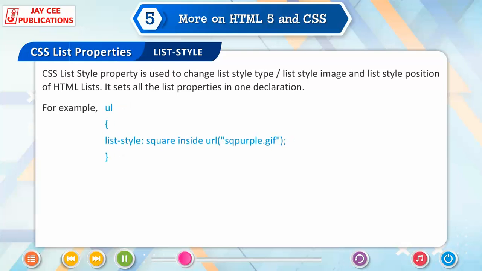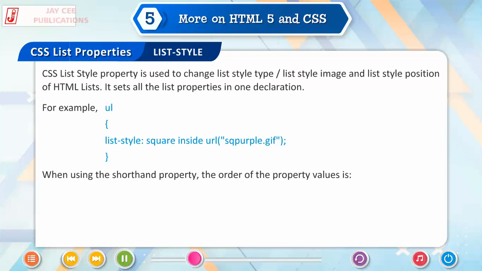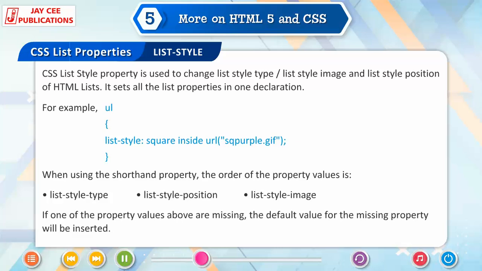For example, ul { list-style: square inside url("sqpurple.gif"); } When using the shorthand property, the order of the property values is list-style-type, list-style-image, list-style-position. If one of the property values above is missing, the default value for the missing property will be inserted.